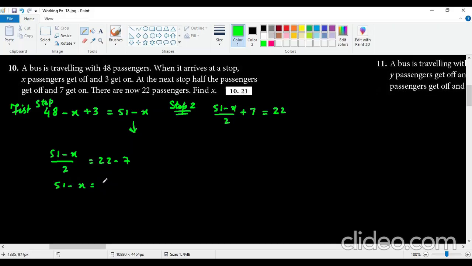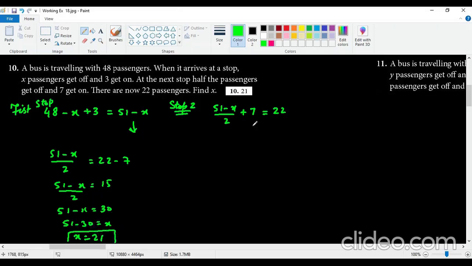This 2 goes to the other side and multiplies by 15 to give us 30. That means 51 minus 30 equals x, and 51 minus 30 gives us x equals 21 passengers. So 21 is the answer.